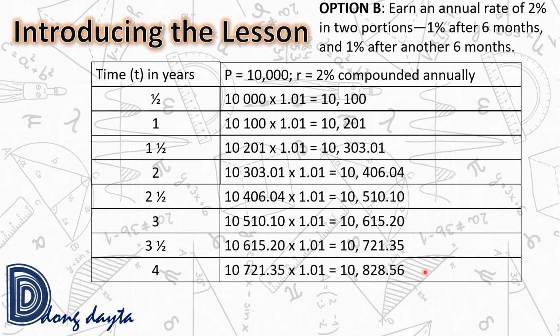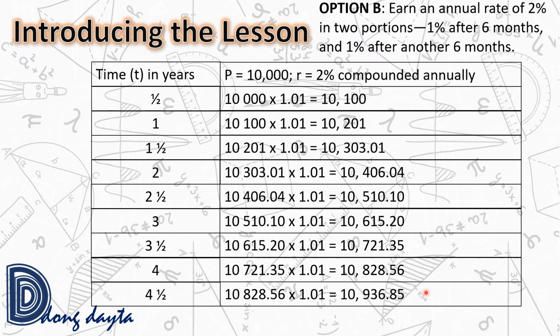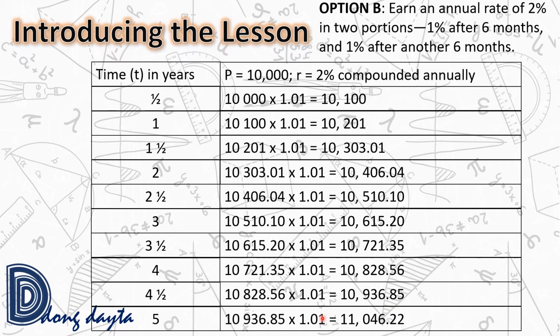At the end of the fourth year, 10,828 pesos and 56 centavos. 4.5 years, 10,936 pesos and 85 centavos. So at the end of the 5th year, this amount will still be multiplied by 1.01 and the final amount after 5 years is 11,046 pesos and 22 centavos. Hence, for option B, the principal of 10,000 pesos has earned 1,046 pesos and 22 centavos at the end of 5 years.